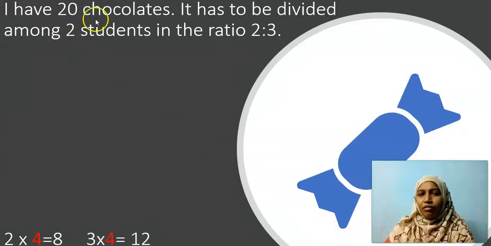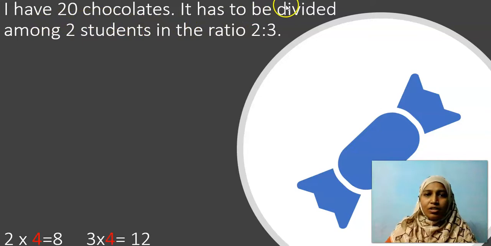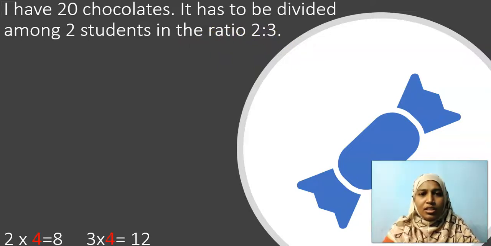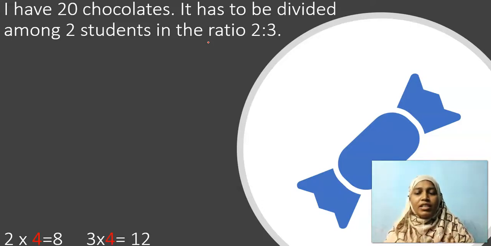Here, if I have 20 chocolates and it has to be divided among two students in the ratio 2:3. What does it mean? It means this ratio is nothing but a comparing quantity. It denotes the number of parts it has to be divided.